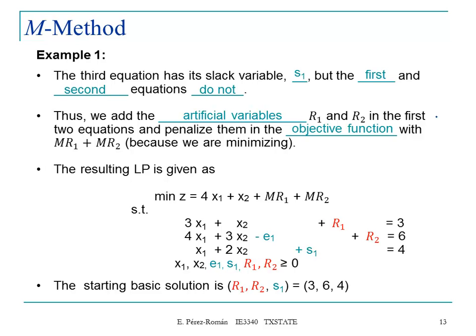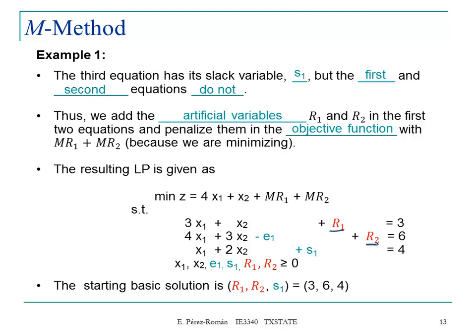So the resulting LP is given as follows. So we are adding our artificial variables here. These two are our artificial variables, so we are adding them to the first and second constraints.